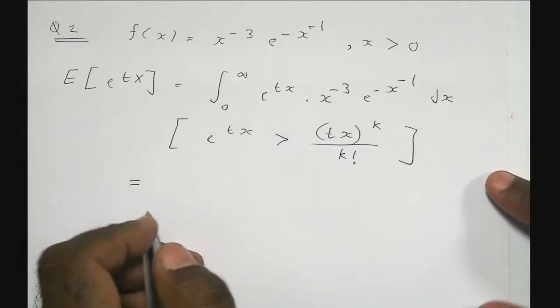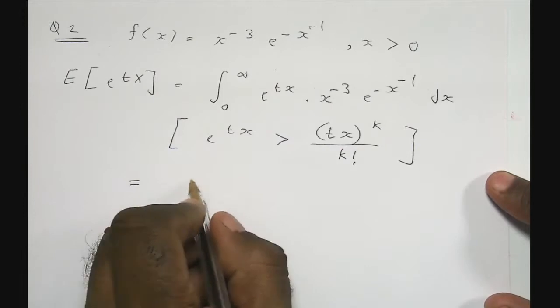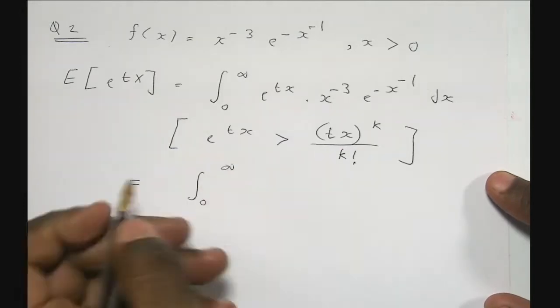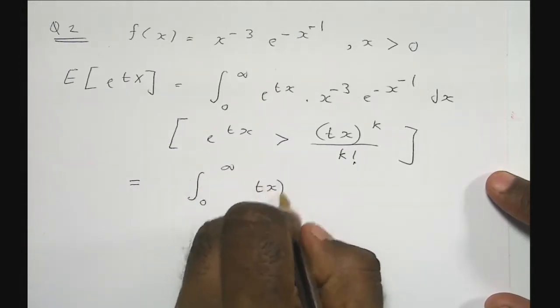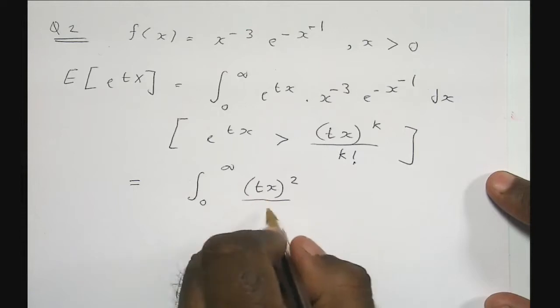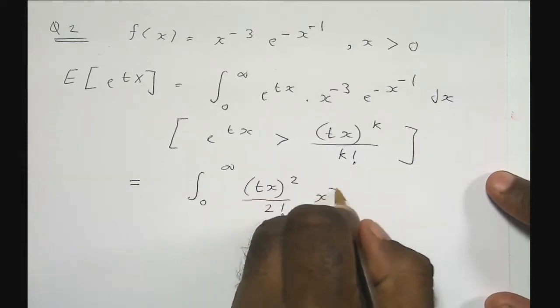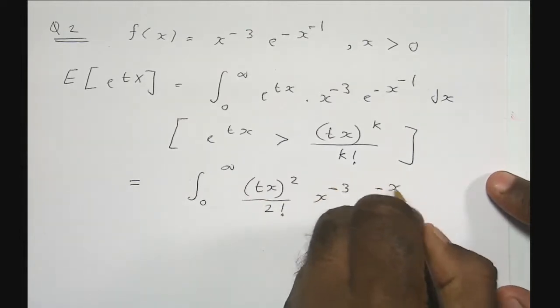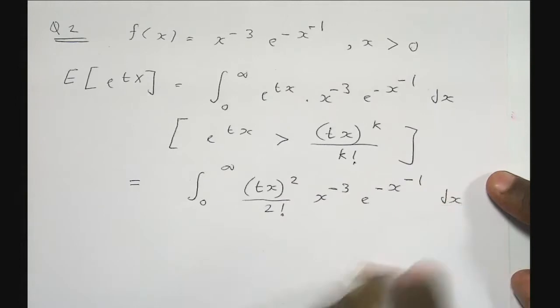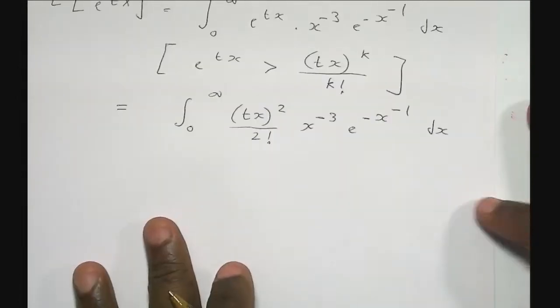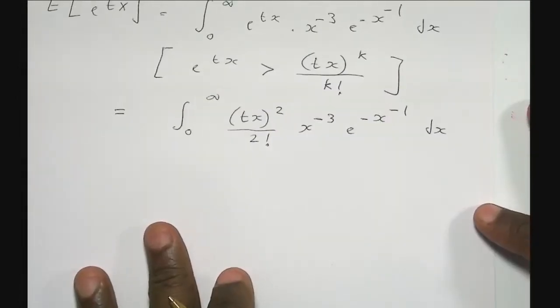I know that if I choose, for example, k equal to 2, this is what you will get.